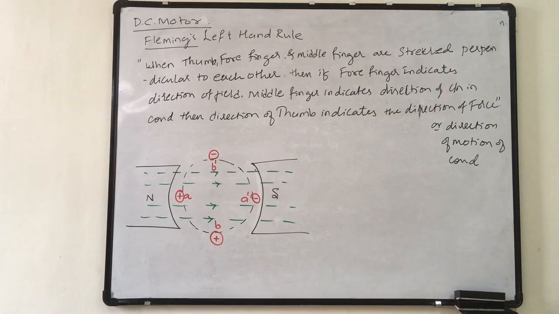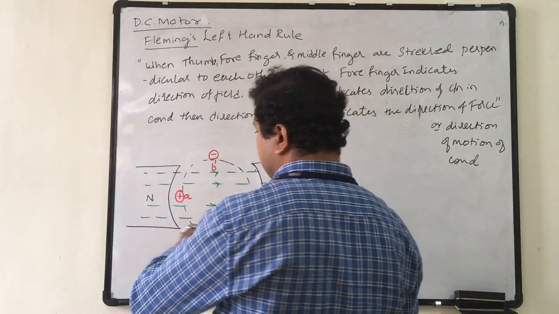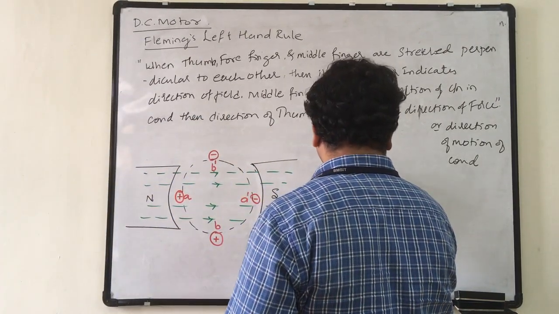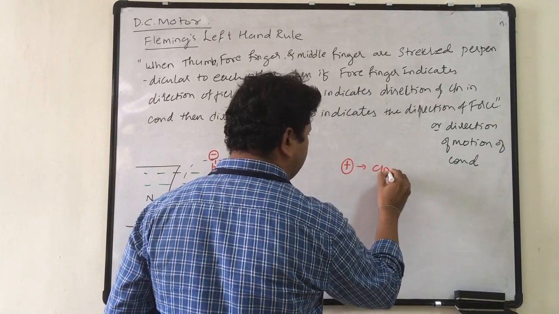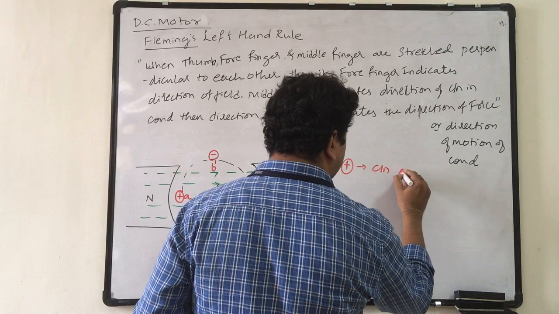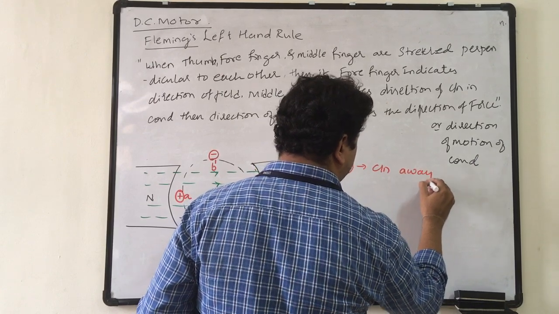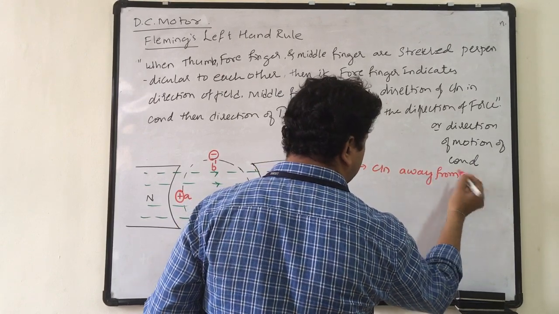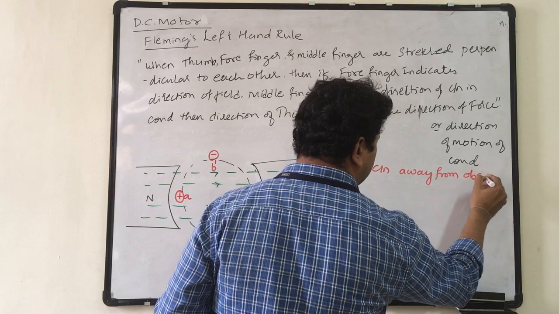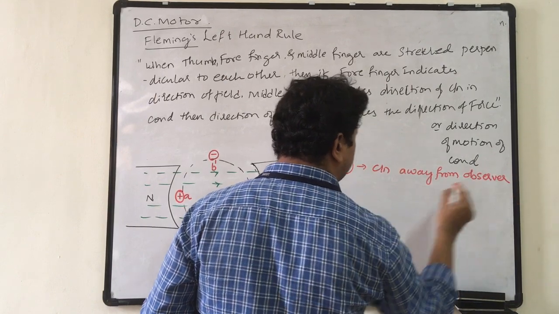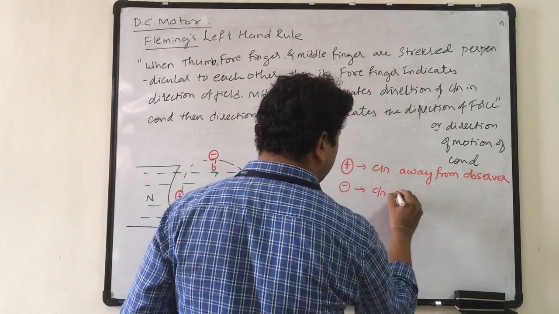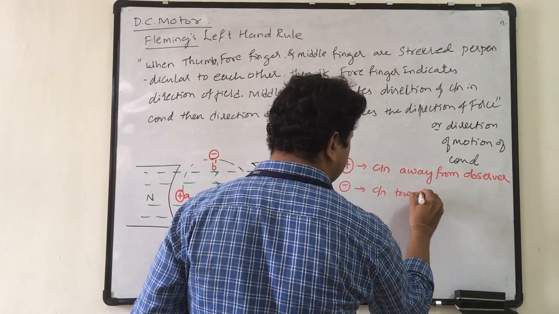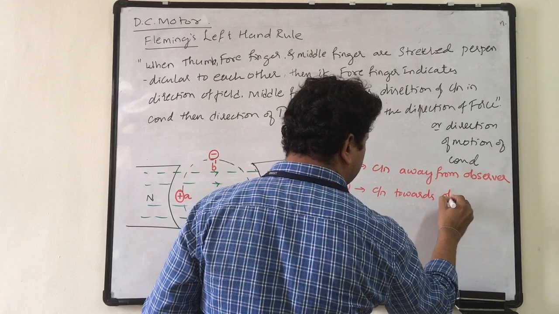Okay. So let us now first define what the directions are. Current away from observer. Then obviously minus will be current towards observer.